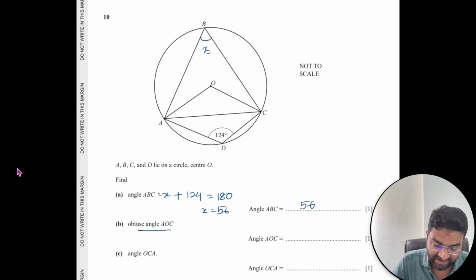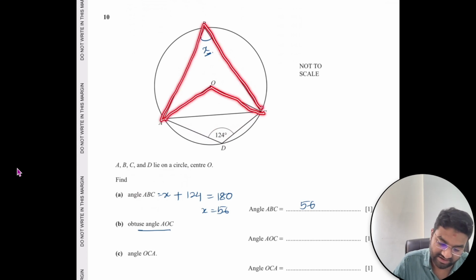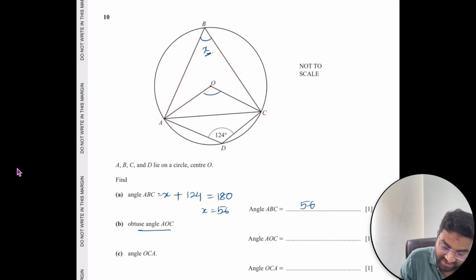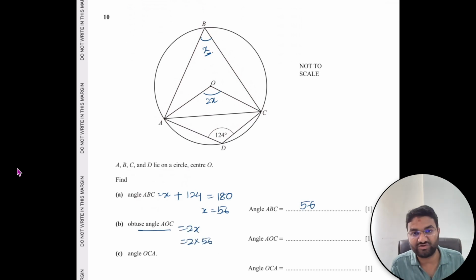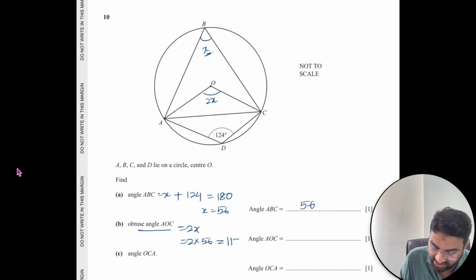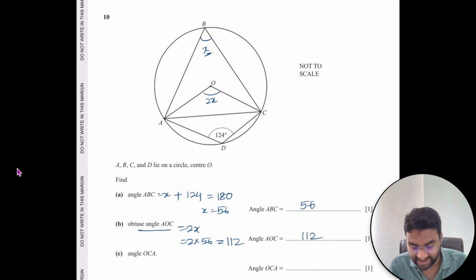This is the circle theorem part. Angle at the center is twice the angle at the circumference, so at O it will be 2x, which is 2 times 56, that's 112. You have to write this much.